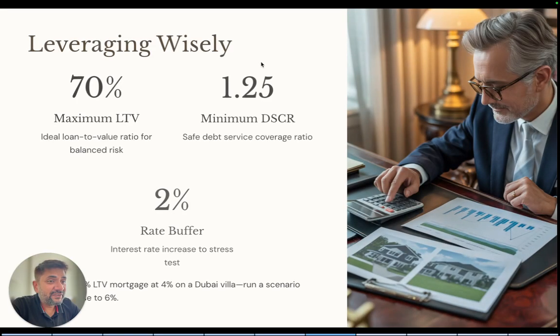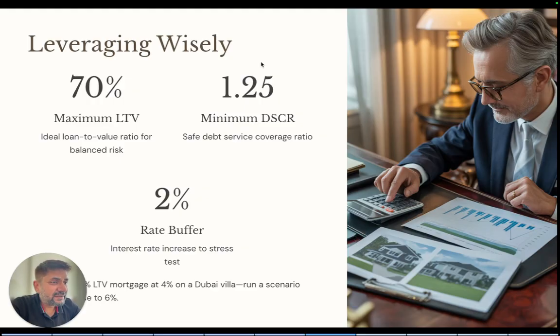Step 3, leverage wisely. Loan to value: higher LTV boosts cash on cash returns, but increases risk if prices fall. Then you have debt service coverage ratio. Ensure that the debt service coverage ratio is greater than or equal to 1.25 to maintain the cushion. Stress test rates.